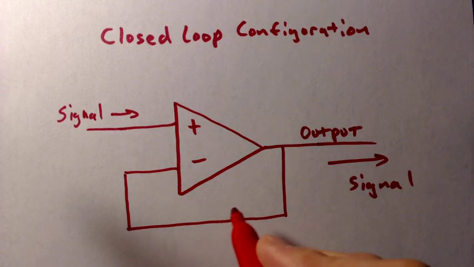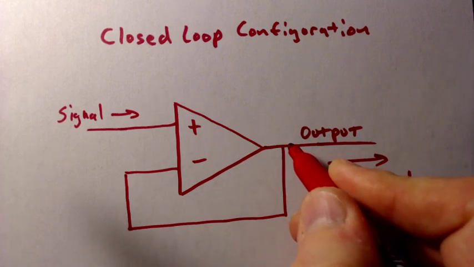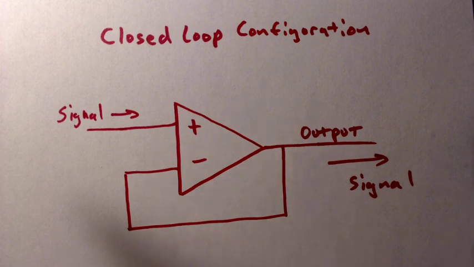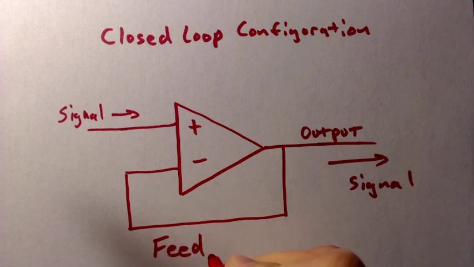As long as we have some pathway between the output and the input, we have what's considered a closed loop configuration. Now, this would be referred to as having feedback.